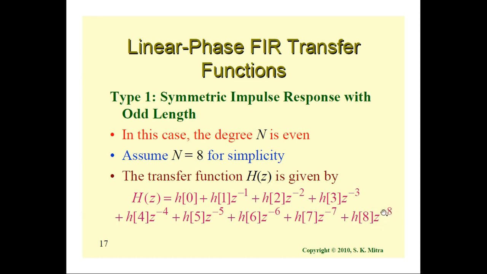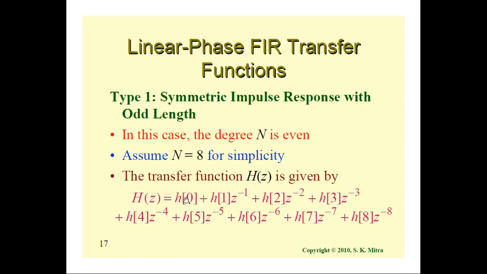So that depicts that this is an order 8 response. Now because the filter has a symmetric impulse response, h0 corresponds to h8, h1 corresponds to h7, h2 corresponds to h6, and h3 corresponds to h5, whereas h4 is the center of symmetry.